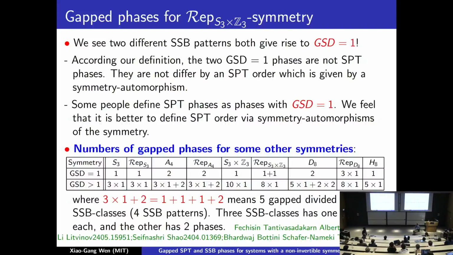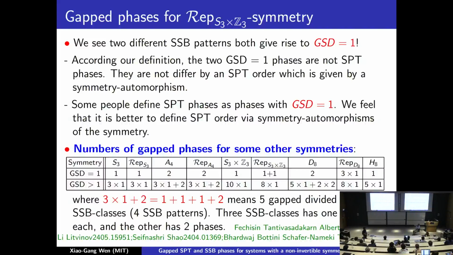If you're using automorphism, then it's very natural because automorphism also acts on the symmetry breaking states on an equal footing, in the same way. So it's very easy to see whether 2 different symmetry breaking states differ by automorphism or not. But to identify whether 2 symmetry breaking states differ by SPT states, if you define SPT state using a unique ground state, there's difficulty.